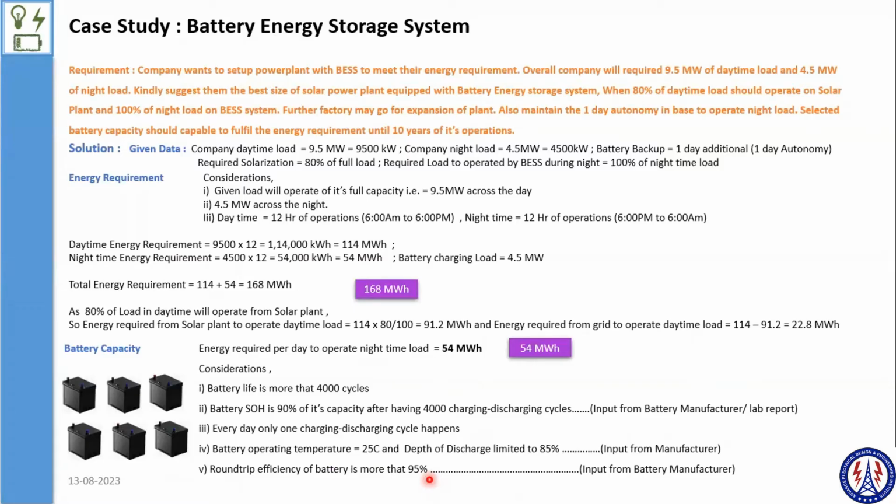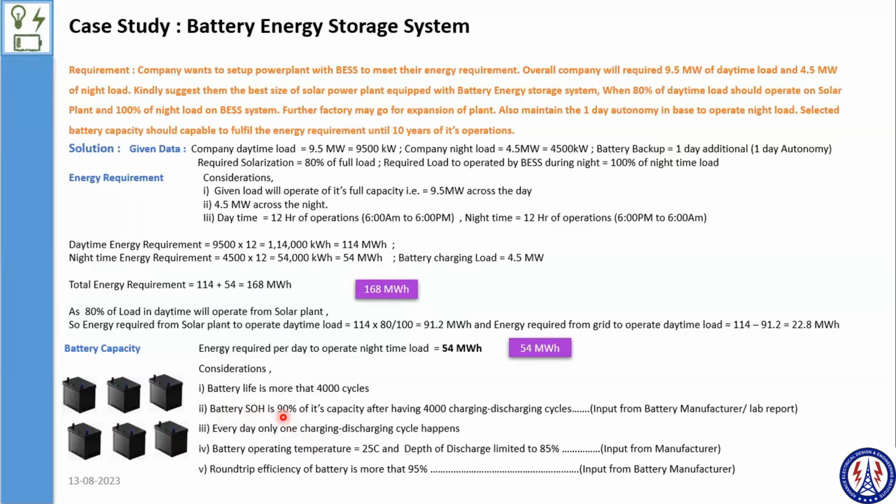Excuse me, I have a question regarding point number 2. I'm asking about the state of health being 90%. Is it an assumption, or shall it be one of the requirements when I require the battery? What makes it mandatory to be 90%?